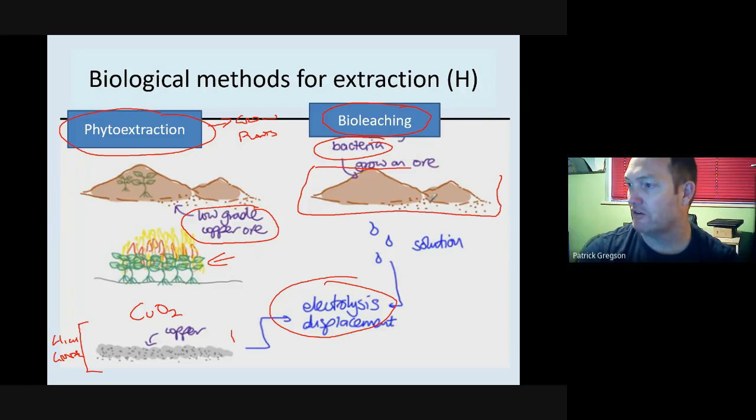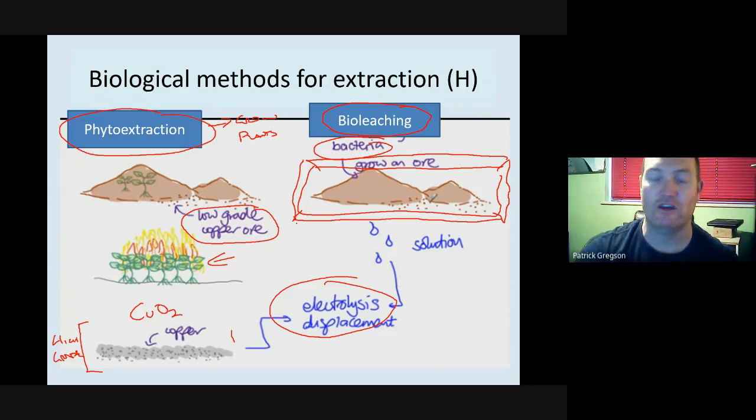If you can imagine, sorry, I am drawing 3D badly, you basically put down a big swimming pool, plastic tarp sized thing, and you have to have the right amount of water and saturation. You grow bacteria on your ore, and then you start flushing water through the ore, and you end up with a solution which you can straight away use electrolysis on. So these are two really good, more economical ways. Again, just to point out, this is not what you do for high grade, this is for low grade.